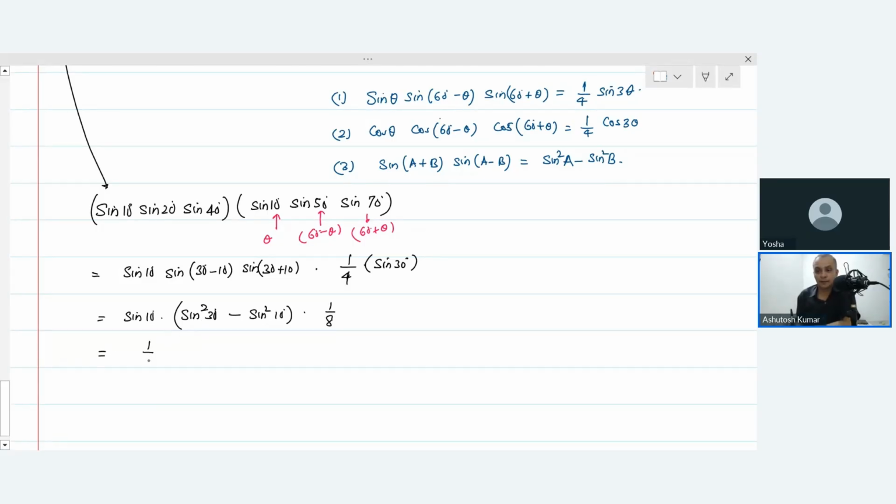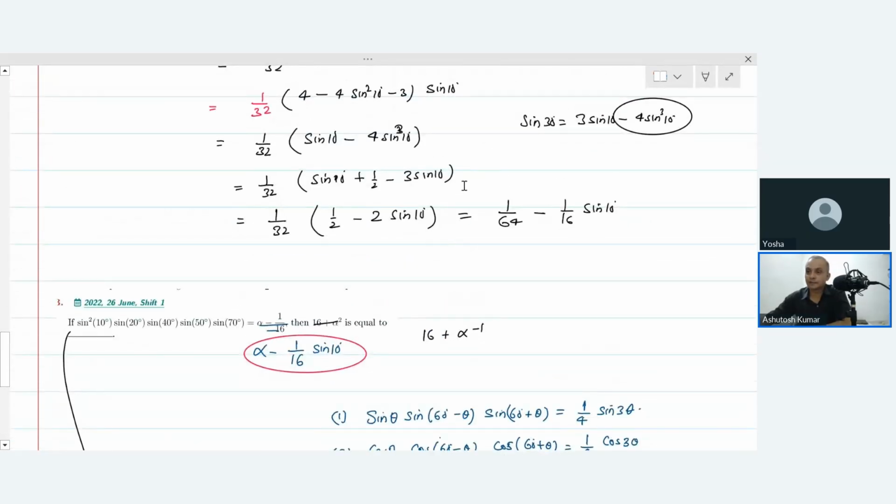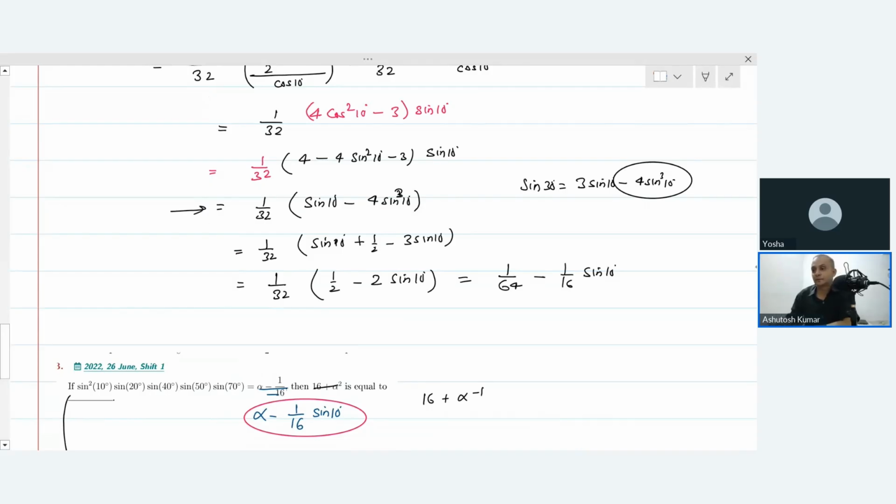So we're getting 1 by 4 sine 10 degrees minus sine cube 10 degrees. And you can notice we are actually in the same situation where we got the second, this situation here. Are you getting this thing?